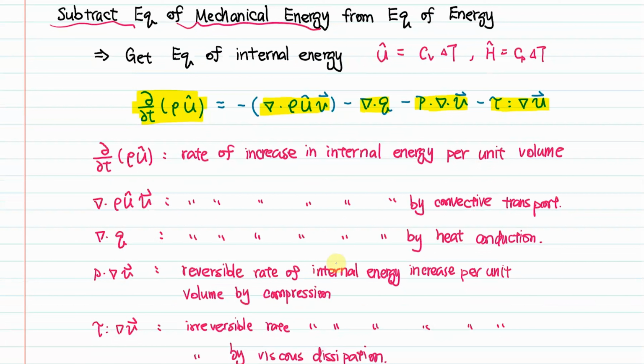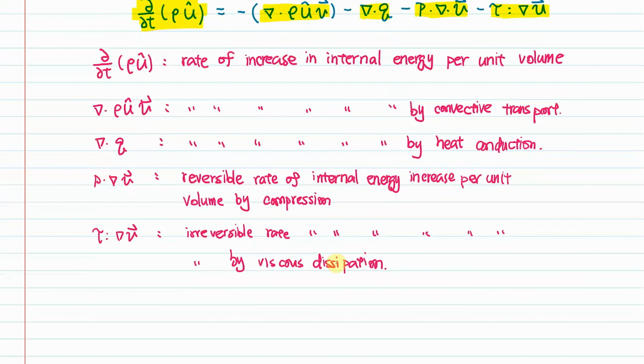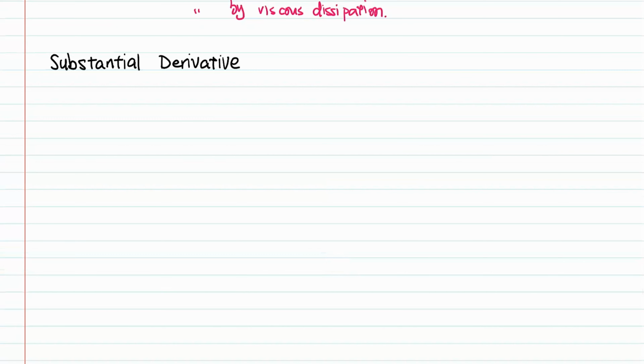How we're going to continue is by using what you've probably learned before in your fluid mechanics, which is the concept of substantial derivative. So let's take a look at what the substantial derivative is. The substantial derivative is defined as capital D over capital Dt, which equals partial t plus the dot product of velocity with the gradient of the property of interest.